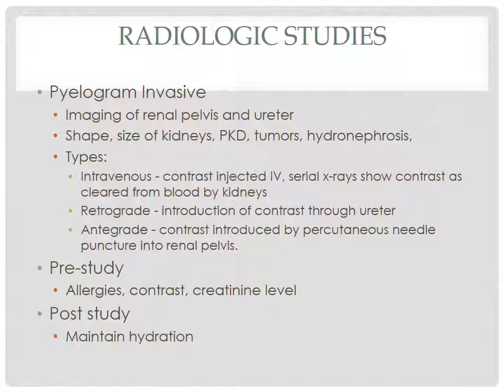You can see hydronephrosis, polycystic kidney disease, tumors. And there's different types, IV, retrograde, and antegrade, listed here on this slide. Prior to the study, assess for allergies to contrast and obtain a creatinine level, creatinine clearance.